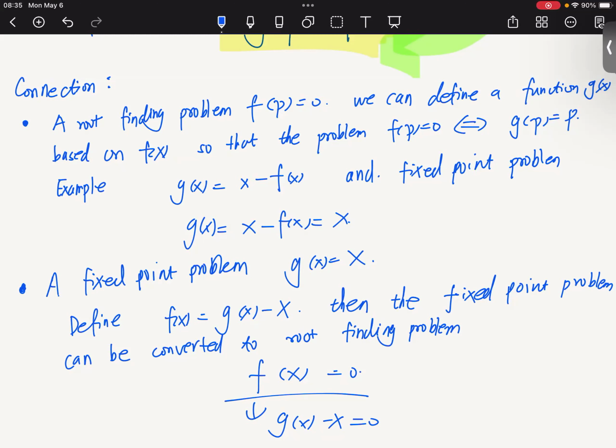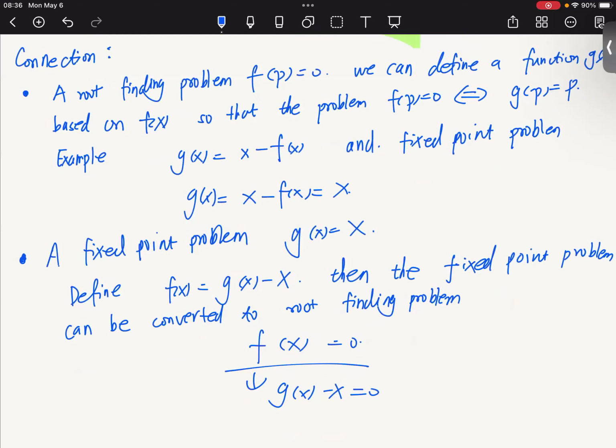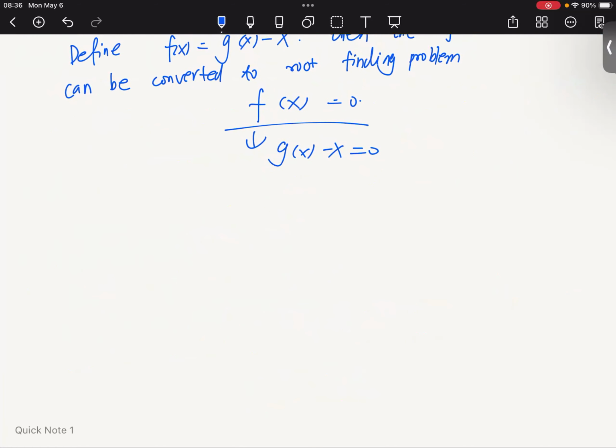I will mention this later. You have used these concepts last quarter, but you didn't know the definition of fixed point. Now let's try to understand this concept a little more with one example.